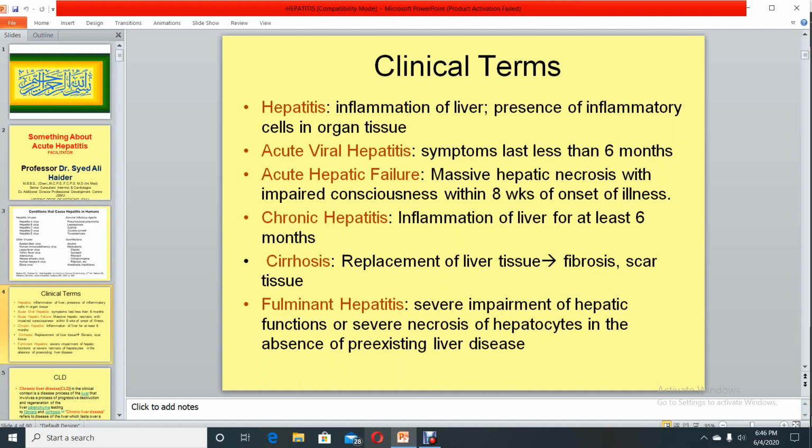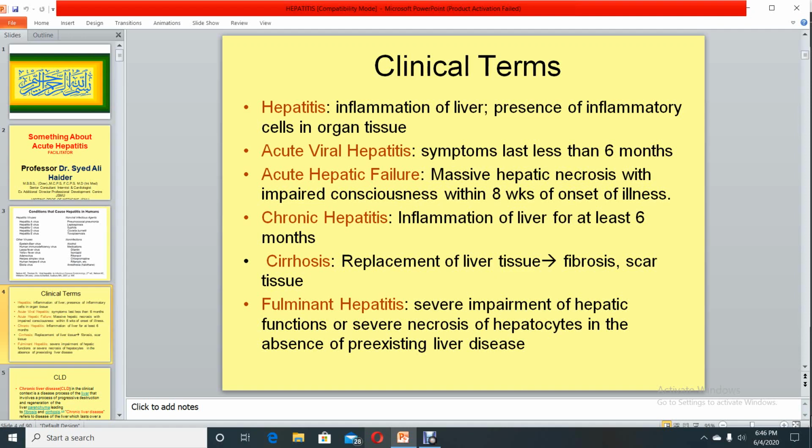The clinical term, hepatitis, is inflammation of the liver, the presence of inflammatory cells in the organ tissue. Hepatitis with symptoms that last more than 6 months is known as chronic hepatitis.